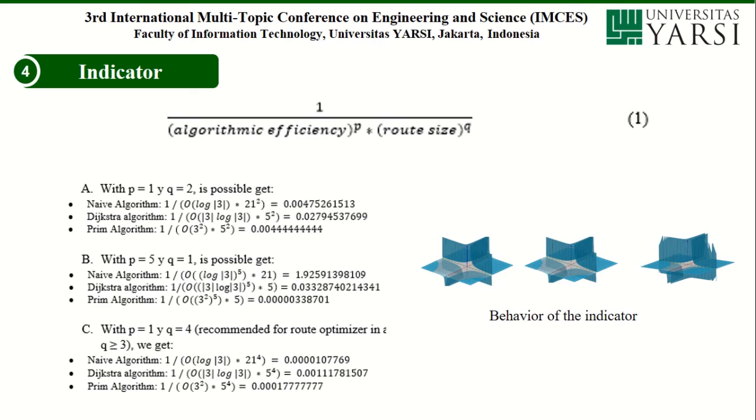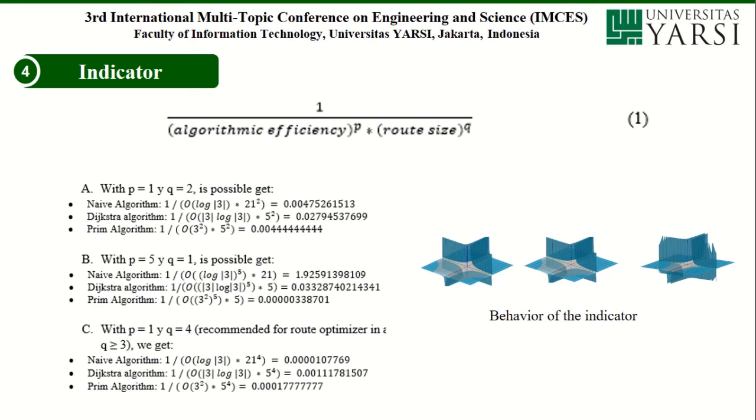In the knapsack problem, we saw how the apparent contradiction of indicators was solved. Similarly, for the problem of selecting algorithm in route optimizers, it is proposed to establish a relationship between algorithm efficiency and the road size, thus generating a new criterion. A third indicator is proposed through the relationship of the previous two. We have both indicators in the denominator because it seeks to minimize the size of the road and seeks to minimize complexity, thus optimizing algorithm efficiency.